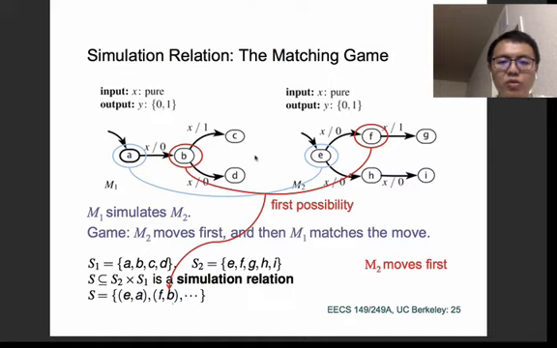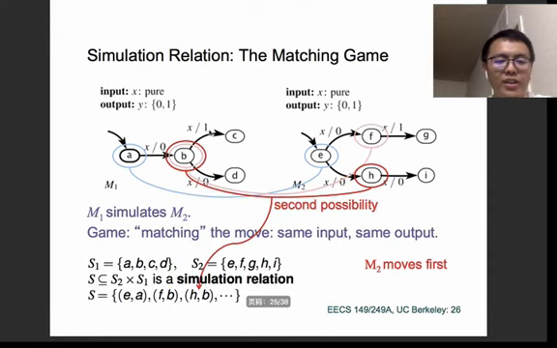Notice that we choose the output, which means our question is: can M1 simulate M2? Not that it will simulate, but that it can. It can choose to output 1.